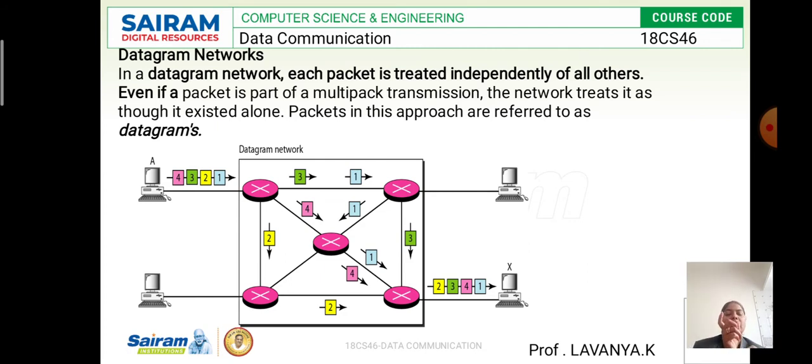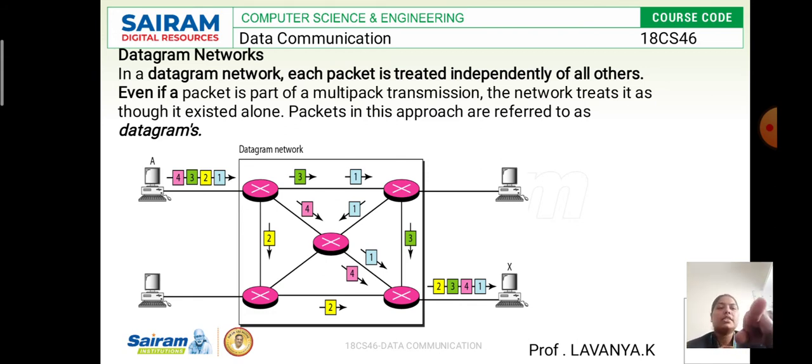The network treats each packet, sent through the existing paths, as a datagram.